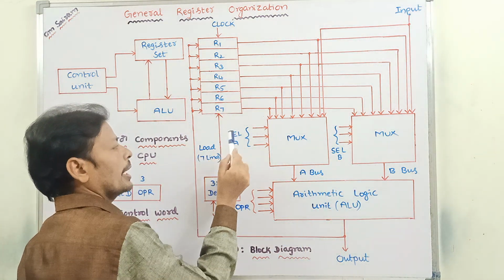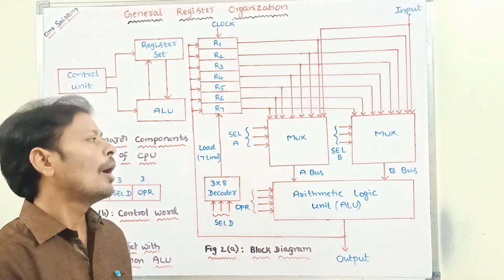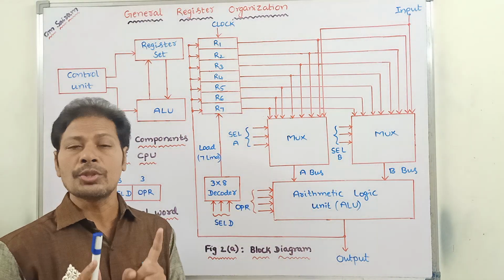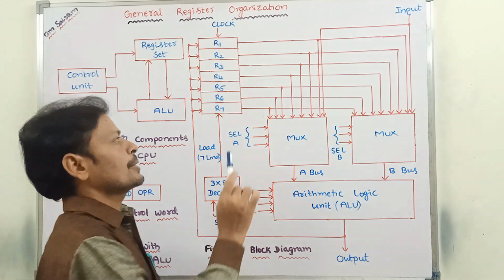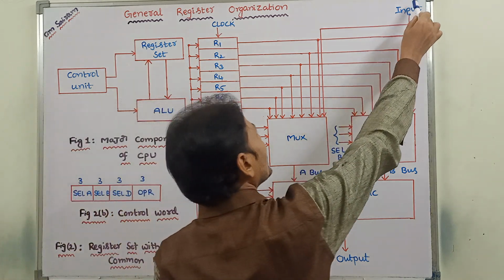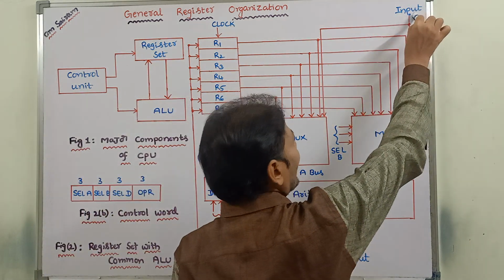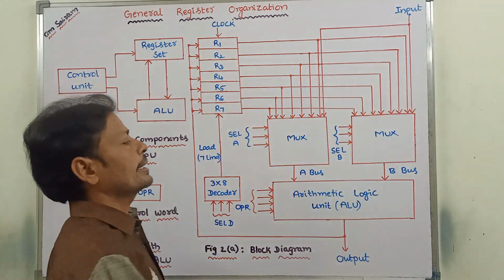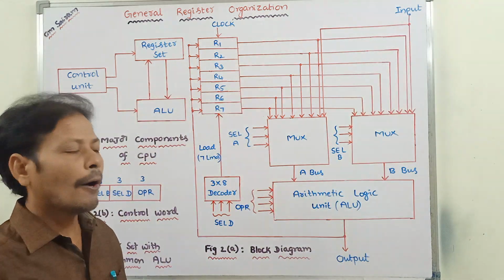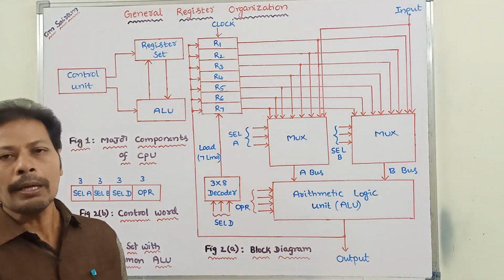Whenever the selection inputs of multiplexer A are 0, 0, 0 and the selection inputs of multiplexer B are 0, 0, 0, no processor register is selected. At that time, only the input is selected. Whatever content is there in that input can be transferred to the arithmetic and logic unit. After that, it can be connected to the output of the bus system.